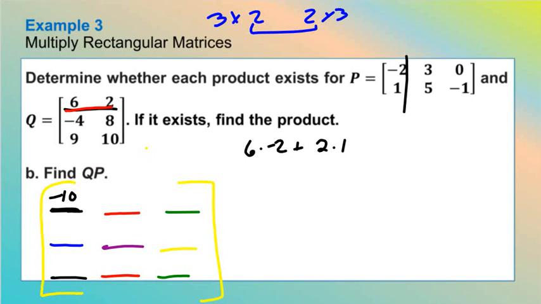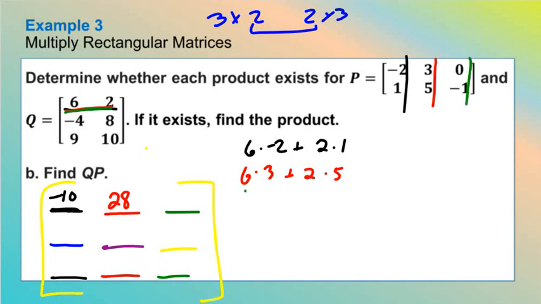Row 1, column 2. So now we have 6 times 3 plus 2 times 5. So that's 18 plus 10 gives us 28. Next one is row 1, column 3.